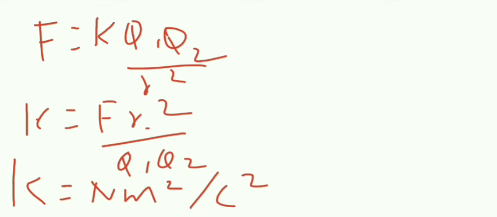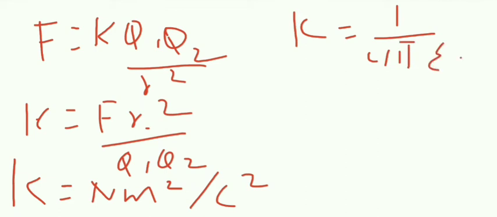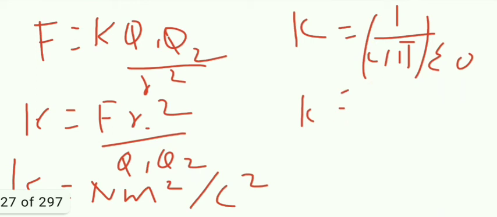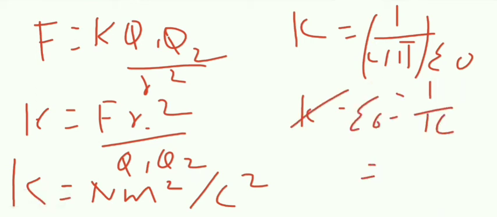Like that, you can find any unit if you know the equation. Similarly, we find the unit of epsilon naught. We know K is equal to 1 by 4 pi epsilon naught. When I find the unit, we don't take a constant into account, so just simply leave it. So K is 1 by epsilon naught. This implies epsilon naught is equal to 1 by K. What is the unit of K?